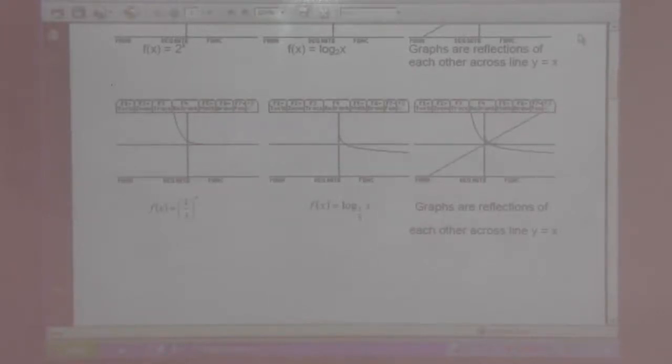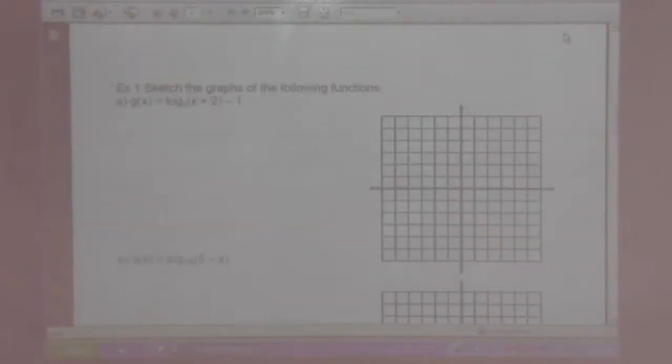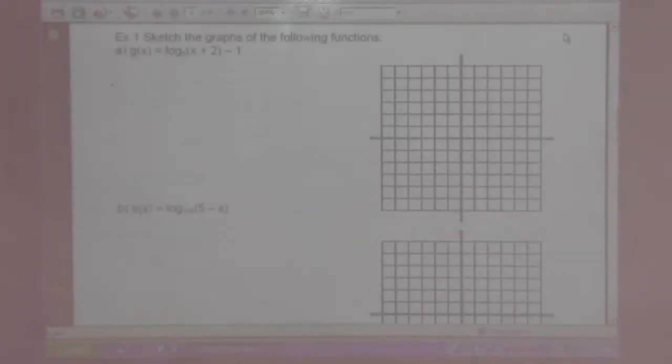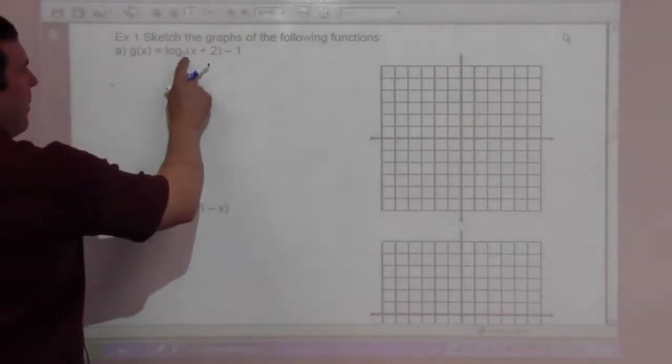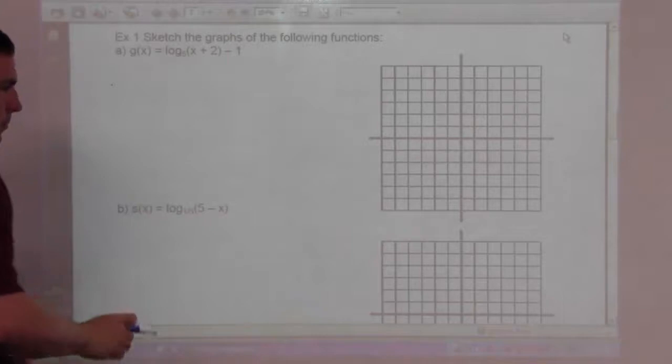So we're going to sketch the graph of the following functions. For example, 1. G of x equals log base 5 of (x plus 2), minus 1.